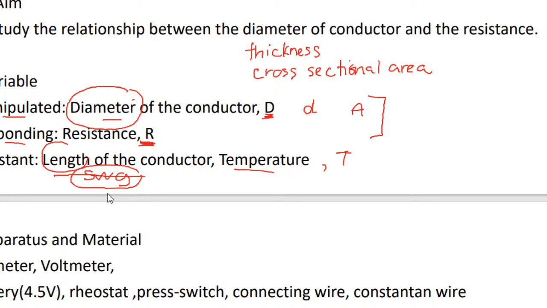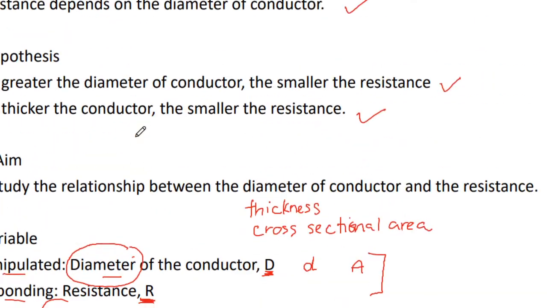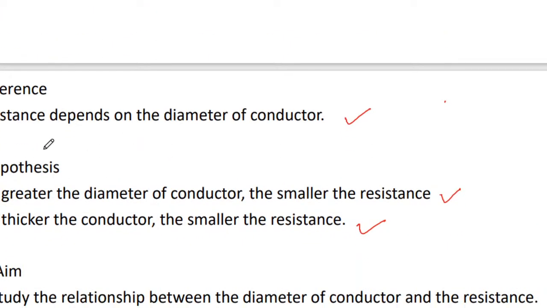Reference book, write like this. If you write SWG here, it will be contradictory. Can we write brightness of bulb in M? No. Okay Jasmine, good question. Brightness can only be used in the inference. Remember, in the inference you can write brightness. Brightness of the bulb depends on the diameter.